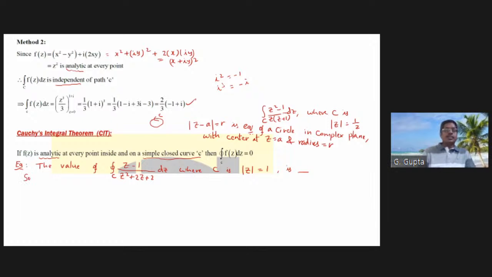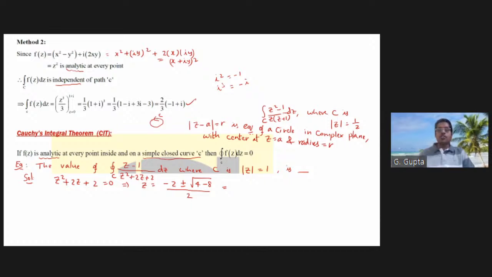First find the singular points of the integrand, z minus 1 by z square plus 2z plus 2. So equate the denominator of the given integrand to 0: z square plus 2z plus 2 is equal to 0, which is a quadratic equation in z. So z is equal to minus 2 plus or minus root of b square minus 4ac, that is 4 minus 8, divided by 2a, which is 2 into 1. So 4 minus 8 is root minus 4.